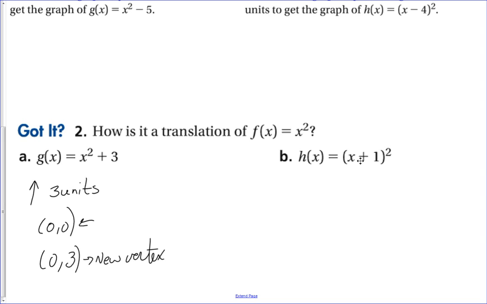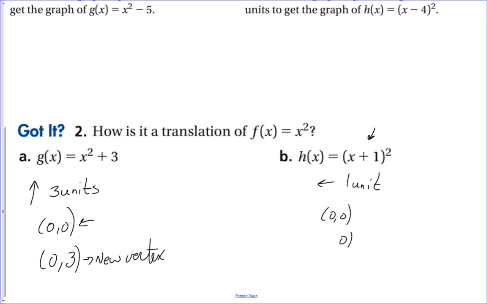h of x equals x plus 1 quantity squared. Since this is inside the parentheses with the x, we know it moves left or right. Since this is a plus, we know we go to the left 1 unit. So our vertex goes from 0, 0. All of our y values stay the same because we're moving left and right.